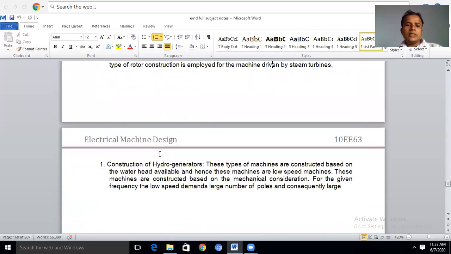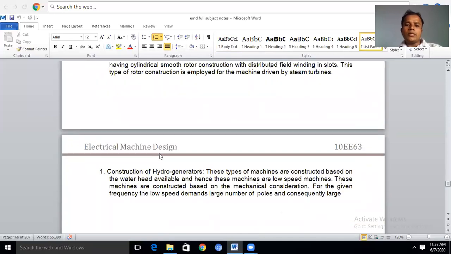Next is the construction of hydro generators. These types of machines are constructed based on the water head available, and hence they are low speed machines. They are constructed based on mechanical consideration.